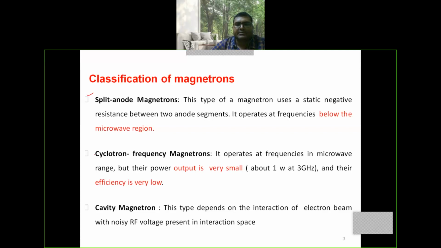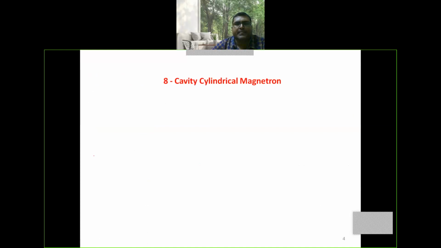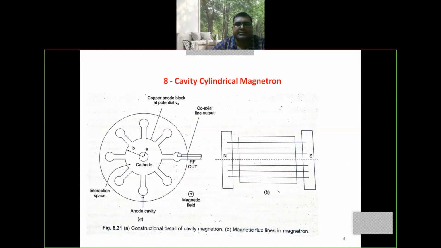Cavity magnetron. Cavity magnetrons depend on the interaction of the electron beam with noisy RF voltage present in the interaction space. 8 cavity cylindrical magnetron. This is the constructional diagram of the 8 cavity cylindrical magnetron.